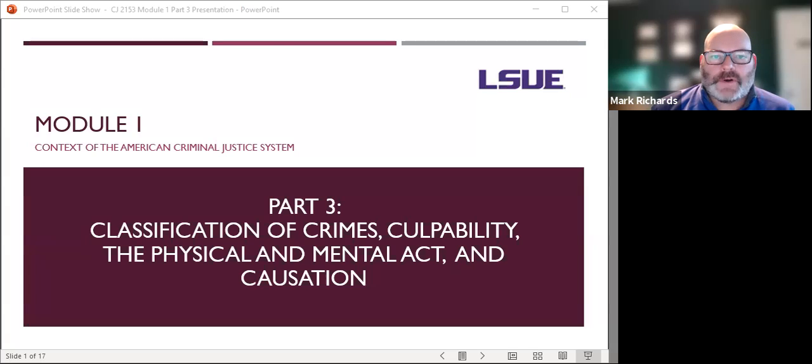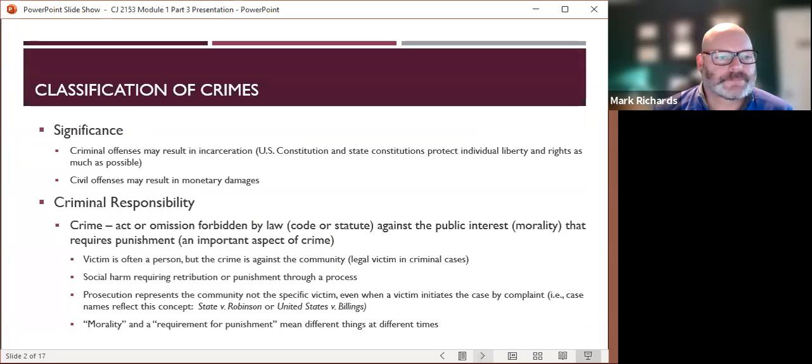So the final part of our Module 1 lecture series is the classification of crimes, culpability, the physical and mental act, and causation. From our first part, we spoke about the significance and the differences between a criminal offense and a civil tort.